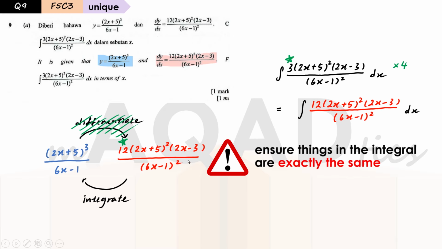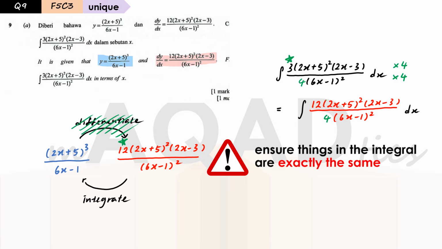But of course, when we multiply 4 at the numerator, we also need to multiply 4 in the denominator. The 4 would be somewhere here, but if we put the 4 here, it's not the same anymore, because there's a 4 here.